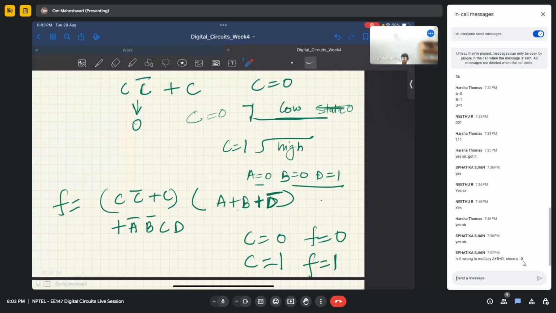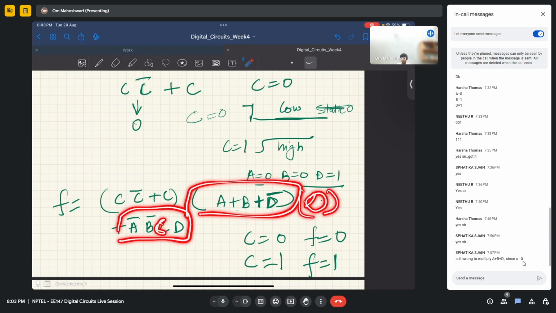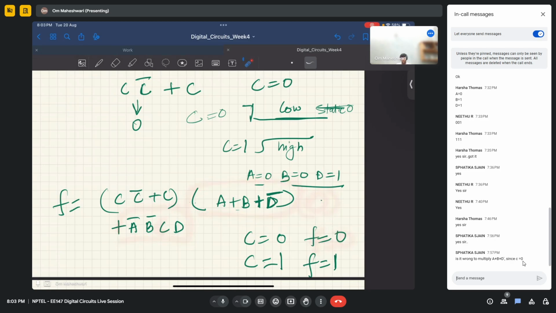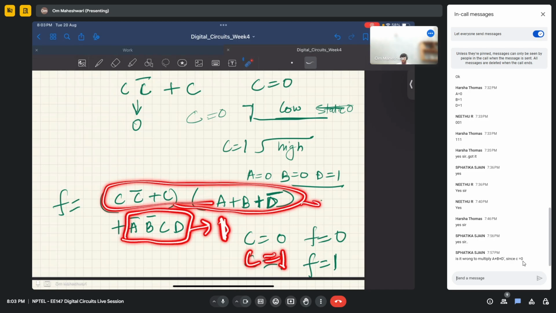Right now, if you see, if we multiply this and we add this, when C equals 0, F becomes 0. When C equals 0, these will multiply to be 0, and this C equals 0, you will get F equals 0. When C equals 1, this will become 1. If this is multiplied to be 0, it does not matter. You will get 1.